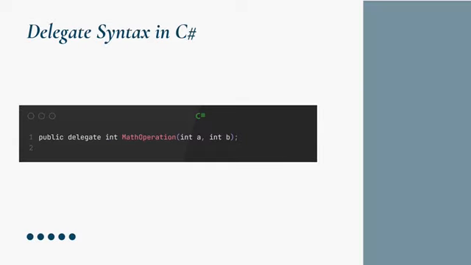Here we define a delegate using the delegate keyword, specifying its return type and parameters. This acts as a contract for any method we assign to it. And in this example, MathOperation is a delegate that takes two integers and returns an integer.